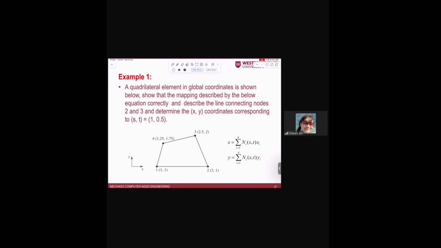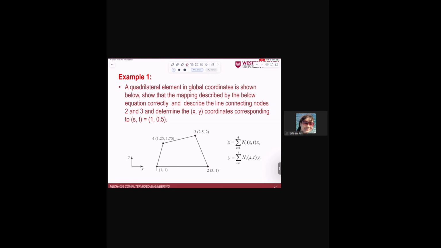Okay, now let's have a practice. Let's practice how we convert st to x and y. Now let's have a look at this question. We have a quadrilateral element in the global coordinate system, and all the coordinates are given.